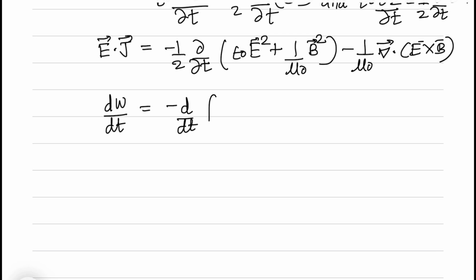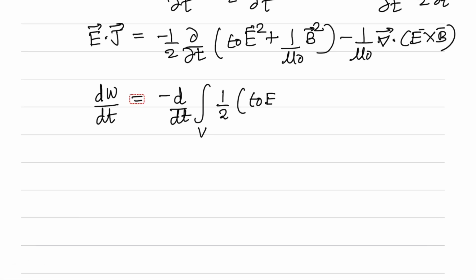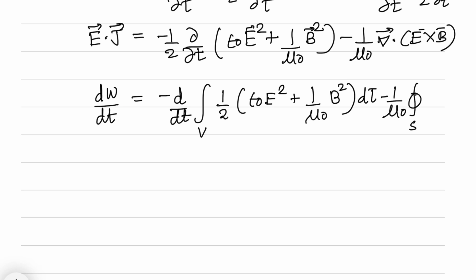In brackets, over the volume V, 1 by 2 epsilon 0 E square plus 1 upon mu 0 B square d tau, and the second term will be 1 upon mu 0. By the divergence theorem, this volume integral will change into the surface integral, and we have E cross B dotted with the surface element dA.